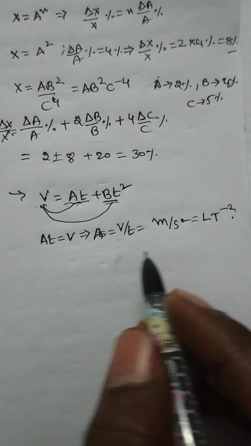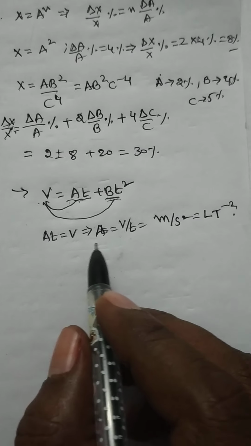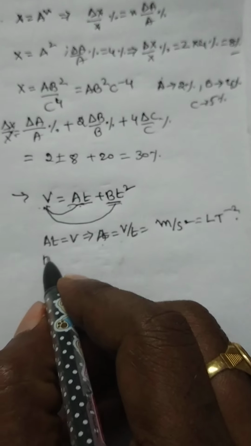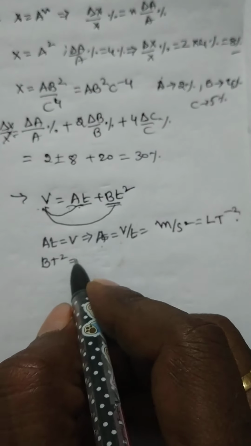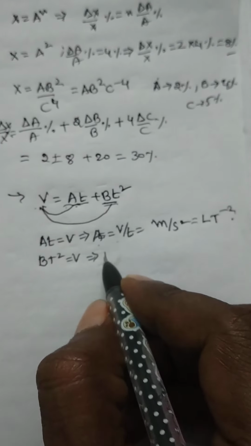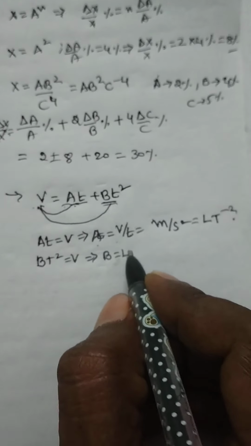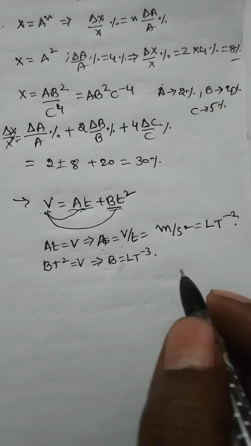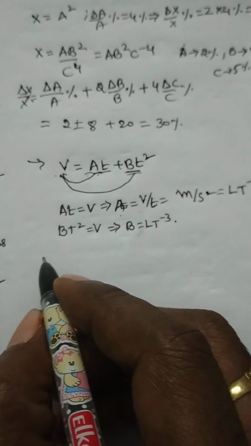That means the dimensional formula for A is LT minus 2. Next for B, BT square is equal to V. You will get the value of B as LT power minus 3. So like that you will get the values. Okay, that is one model of dimension analysis.